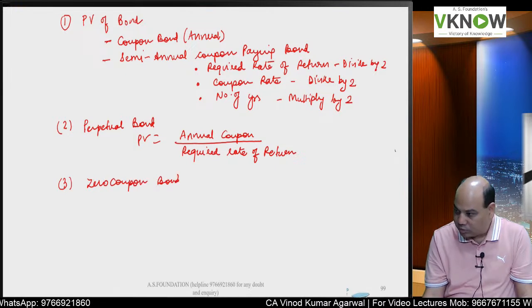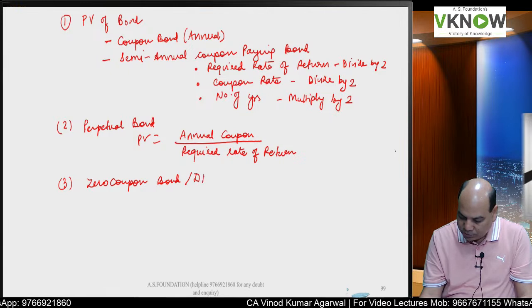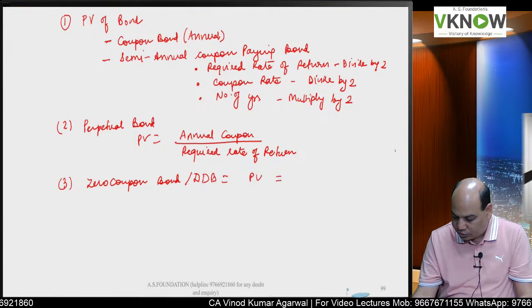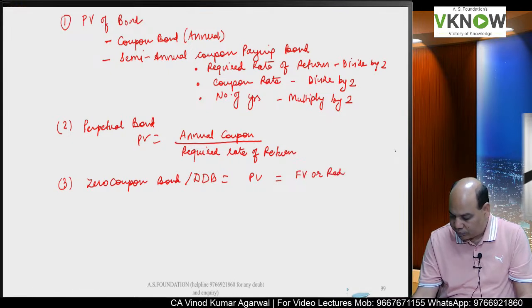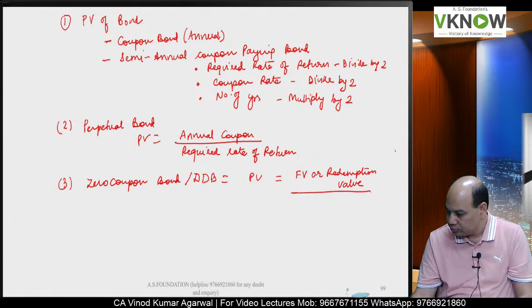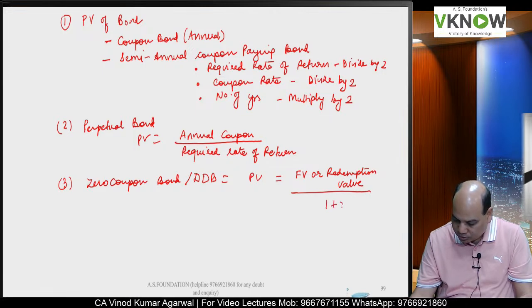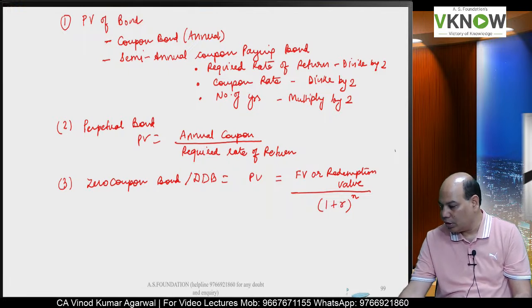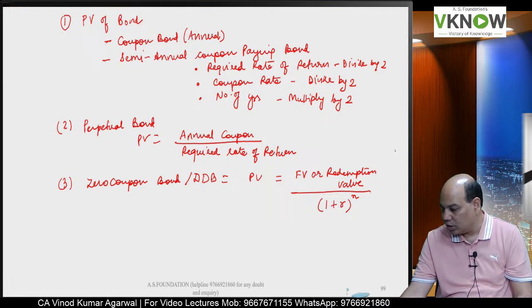Zero coupon bond or deep discount bond, the present value is equal to face value or redemption value upon 1 plus r to the power n, where r is the required rate of return.